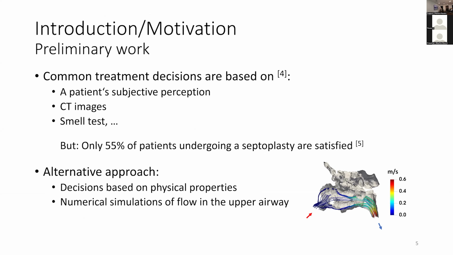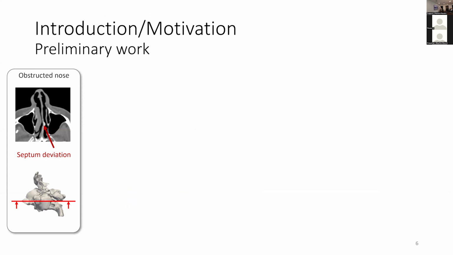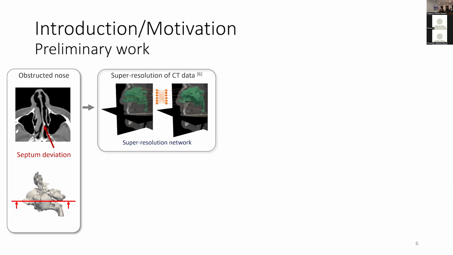And this was the preliminary work before we started with Shota with the humidity transport. This was mainly my work that I wanted to briefly show. So let's say a patient comes to the doctor, has a CT image. First, there is a super resolution network that increases the resolution of the CT image, because in order to perform highly resolved CFD simulations, we also need highly resolved CT data.